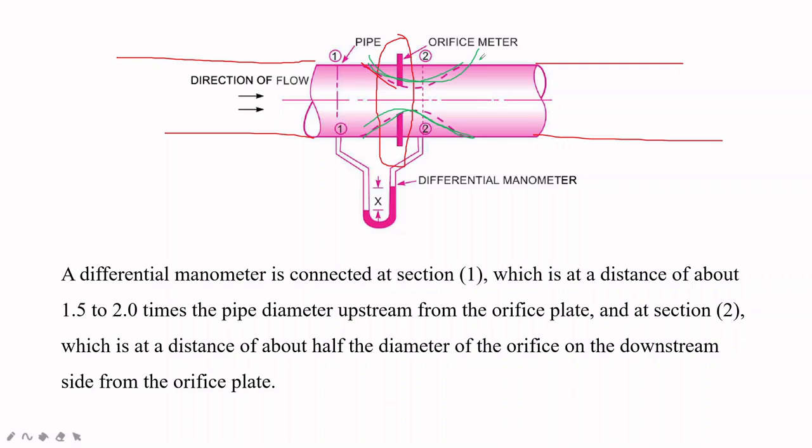Now here also we will derive by assuming some terms, that is pressure, velocity and area at section 1 and at section 2. We will apply Bernoulli's equation as we did in the venturi meter, and we will find the equation for Q, and that we will use for any problem which will come here based on the orifice meter, right?